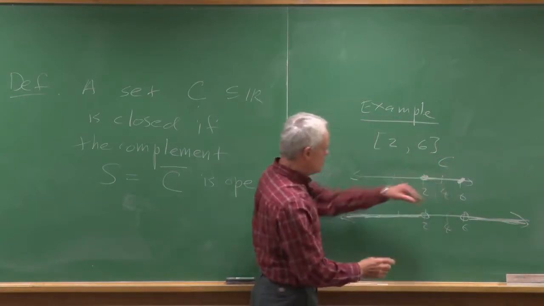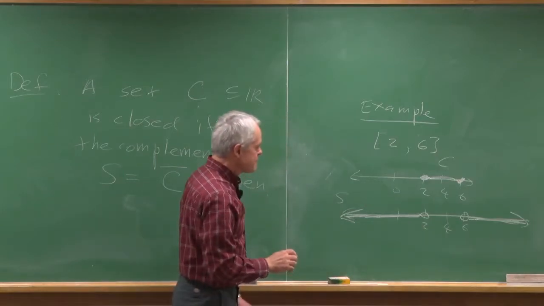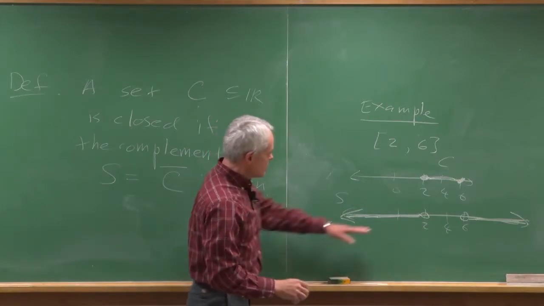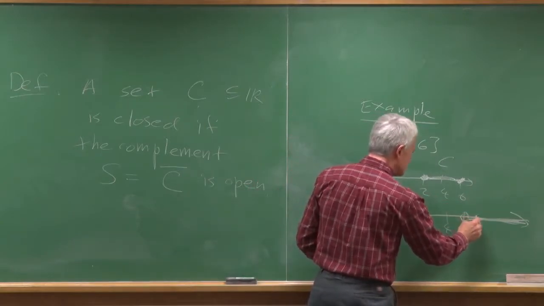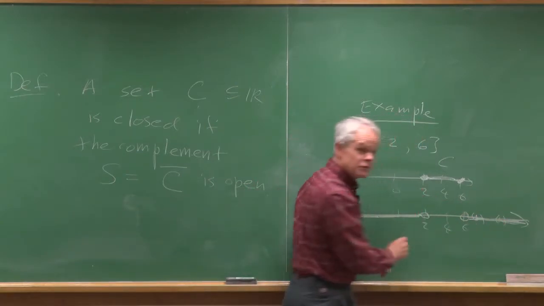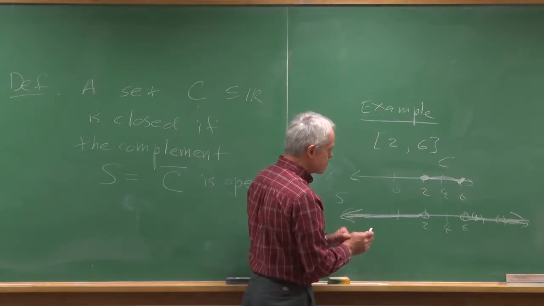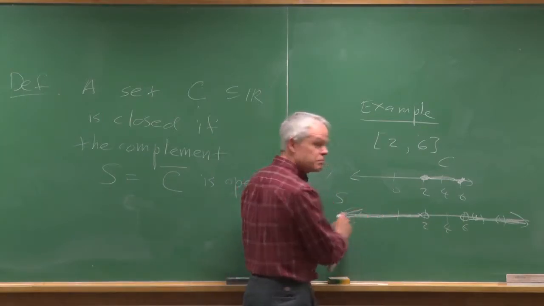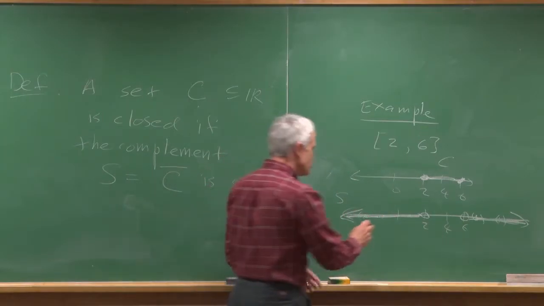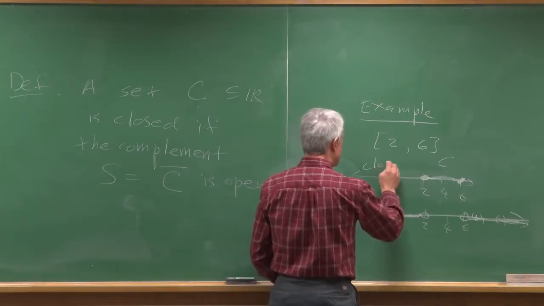So we just removed that. This is an open set, right? Any point that I pick, I can find an interval around it that's still in my set. It happens to be infinite, but that's okay. So this is open, and so this is closed.